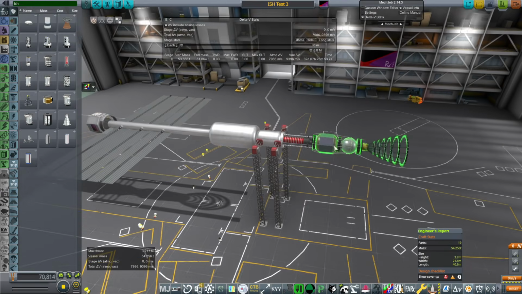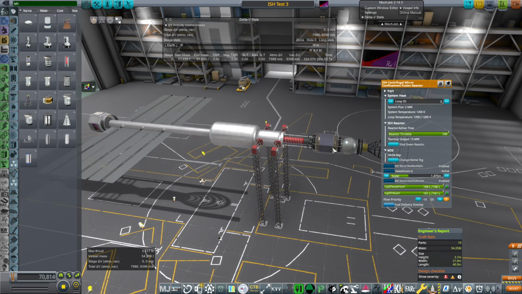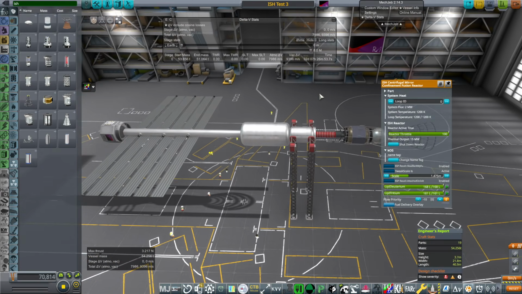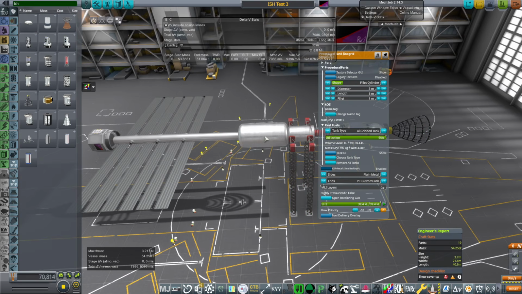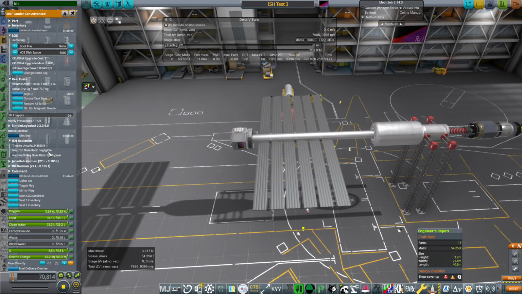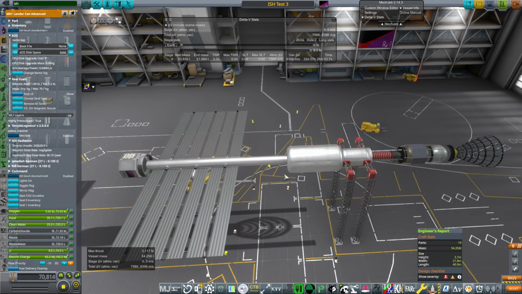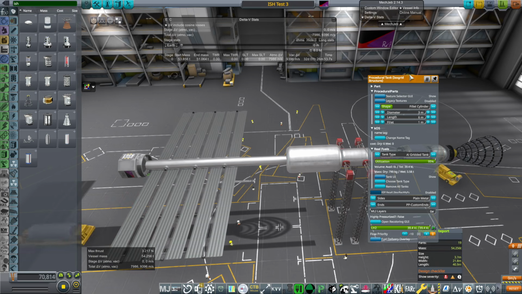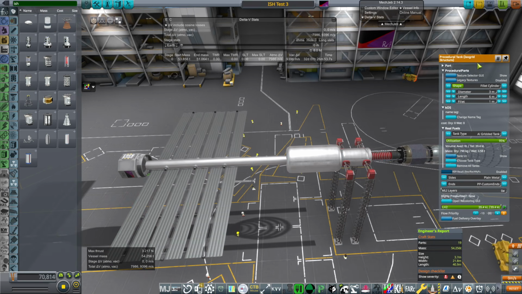Now, this generates way more neutrons than the fission reactor. It's a 15 megawatt reactor here, and that means that we have to worry about that. Fortunately, it seems like our neutron dose rate is negligible, but that's because we've got an actual fuel tank here, and that's this hydrogen fuel tank.